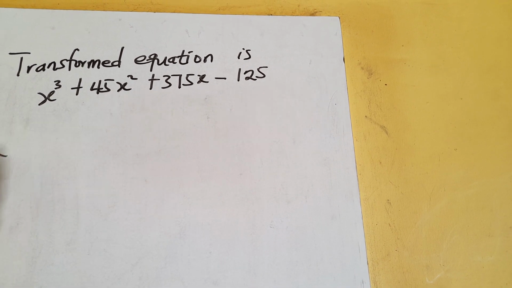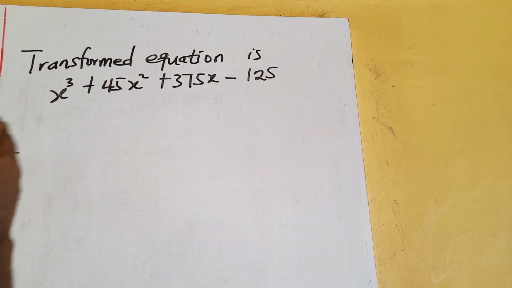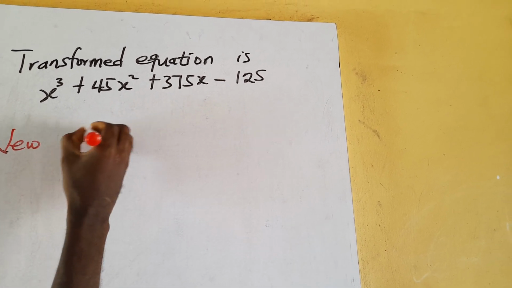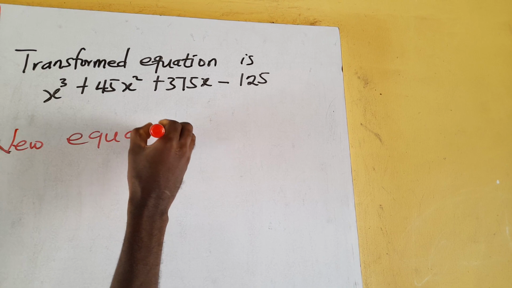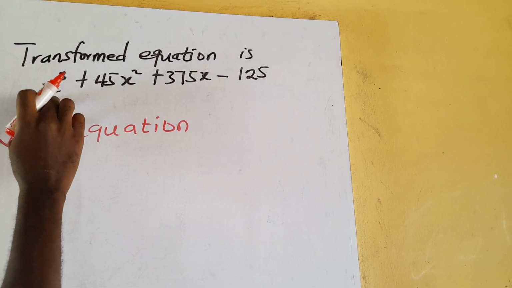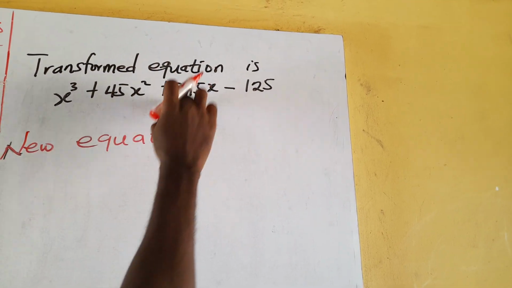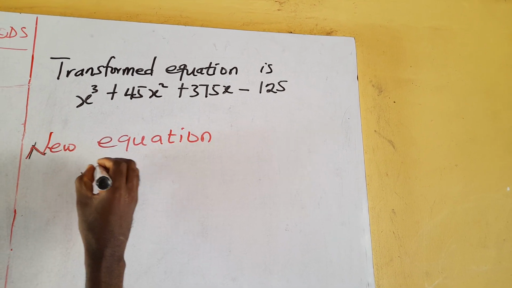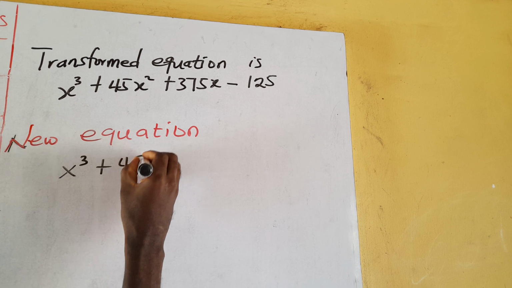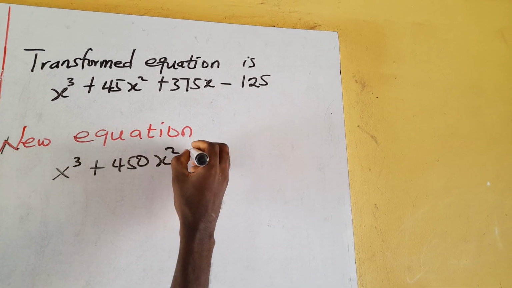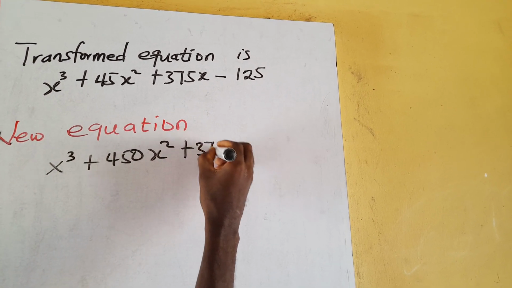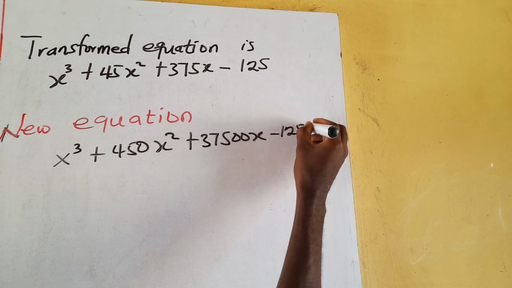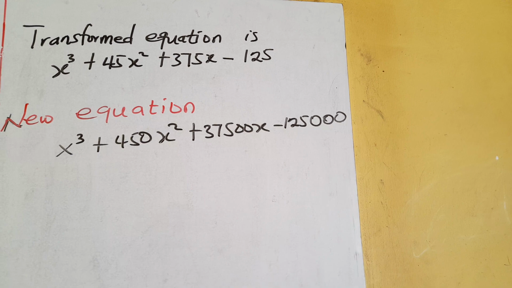So having formed our transform equation, we can form the new equation. So our new equation will be multiplying this by 1, this by 10, this by 100, and that by 1000. So it will be x cubed plus 450x squared plus 37500x, then minus 125000.